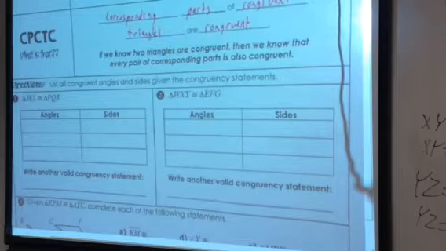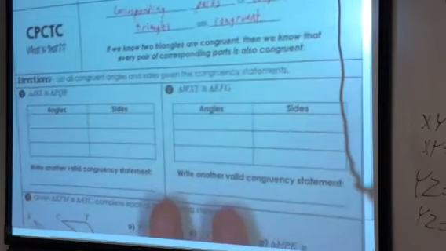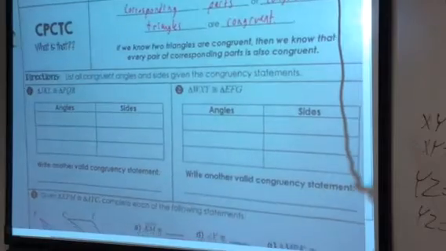So if we know 2 triangles are congruent, we know that every pair of corresponding parts are also congruent. And how you can use that without even looking at the picture, we're going to go through 1, 2, and 3 really quick together.